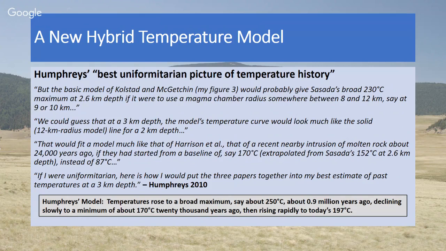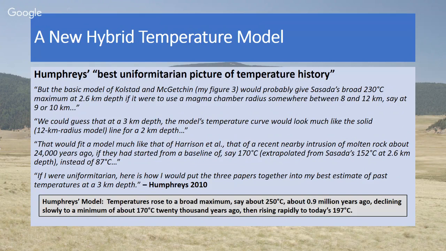So he's just now started guessing on things, okay, trying to fit these curves. We could guess that at a 3 kilometer radius, the model's temperature curve would look much like the solid 12 kilometer radius model line for a depth of 12 kilometers.